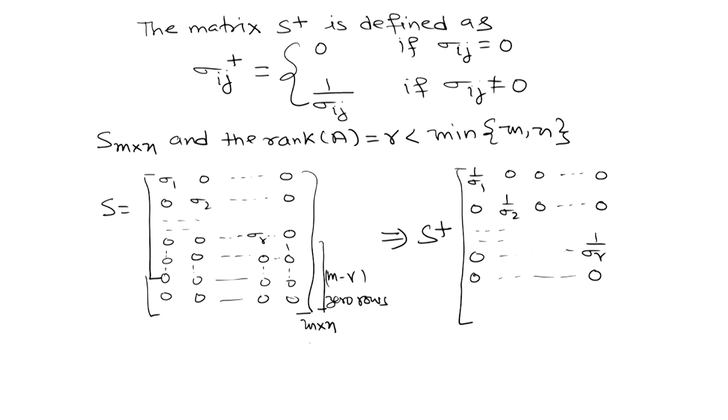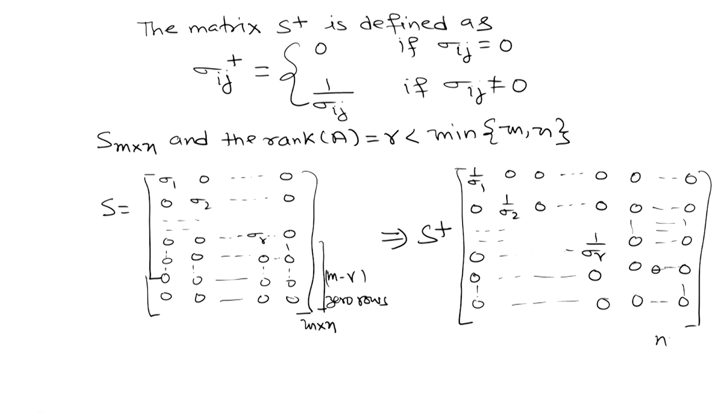We will see this in an example, and then this will become n by m matrix, which is having now m minus r 0 columns.